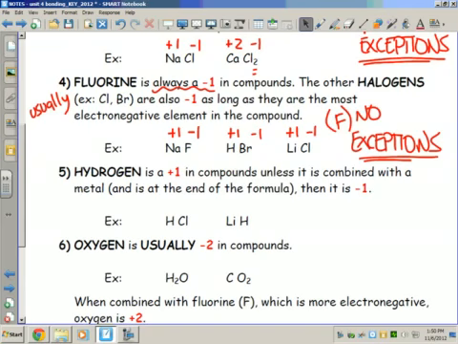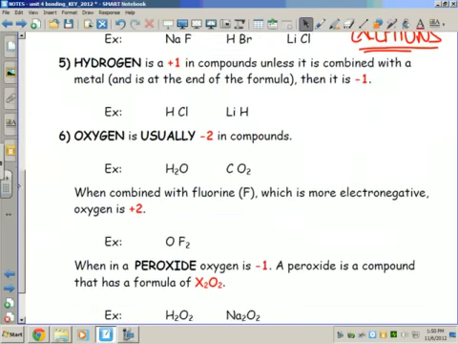Fifth rule has to do with hydrogen. Hydrogen is +1 almost all the time. The only time hydrogen isn't going to be +1 and lose its lone electron is when it forms bonds with something that wants to lose more than hydrogen does, something that's a bigger loser.